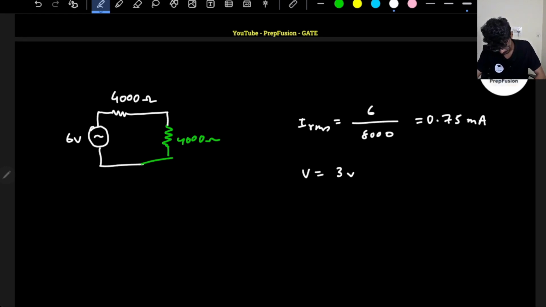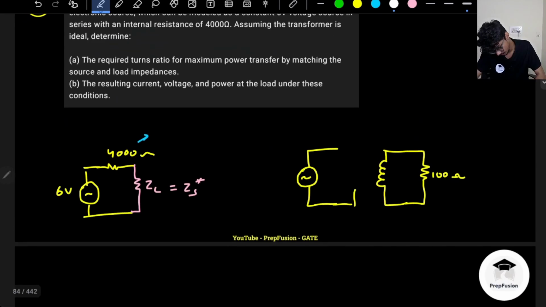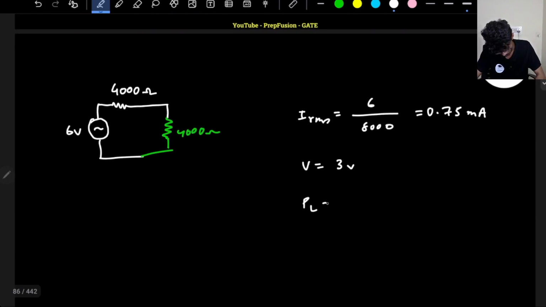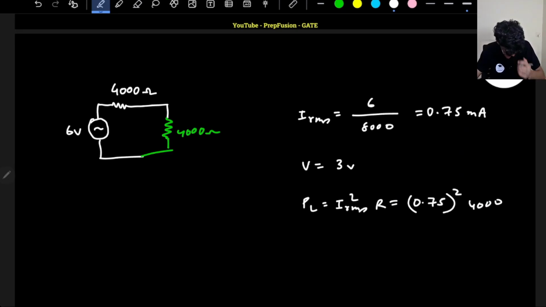And power consumed at the load will be V into I, or you can directly write it as IRMS whole square into R. So it will be 0.75 whole square into R, where R is 4000. Remember this is milliamperes, so there is a 10 to the power minus 6 also.